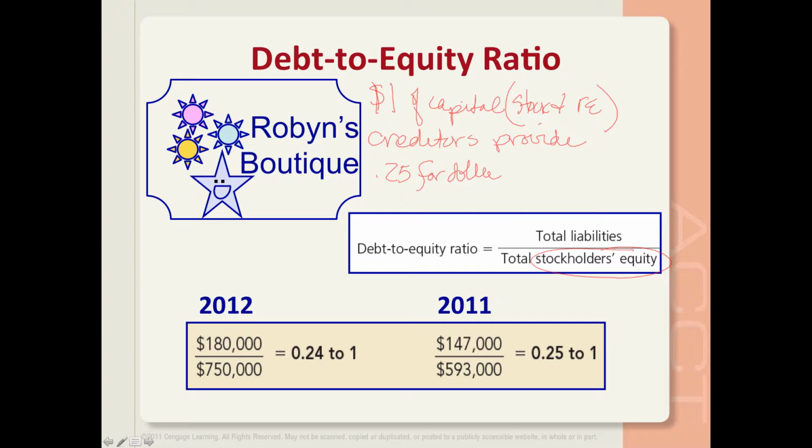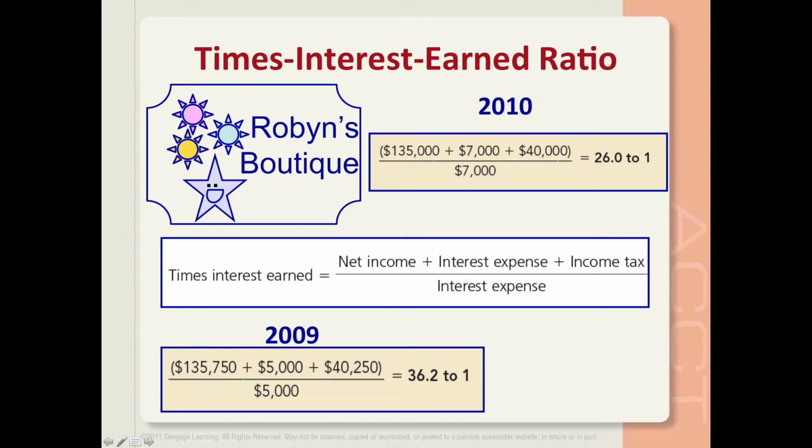The next one we're going to take a look at is the times earned ratio. And this measures a company's ability to meet current interest payments by the creditors, specifically measuring its ability to meet current year interest payments out of current year earnings, meaning I don't have to go borrow money to pay back my loan.